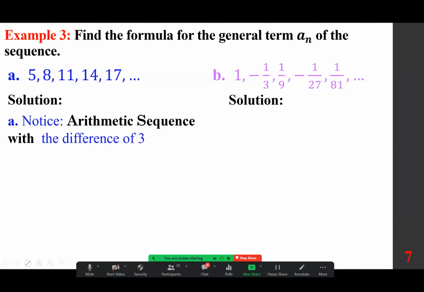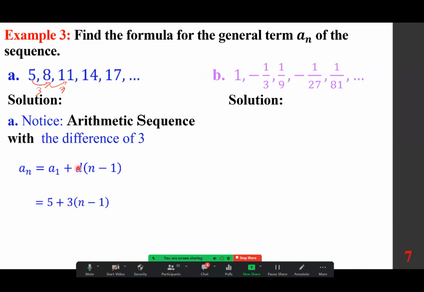So again, notice we are adding 3 here. Okay. And now we remember the general formula: a sub n is a sub 1 plus d times n minus 1. And all we have to do is replace the first term with 5, replace the d with 3, and simplify.